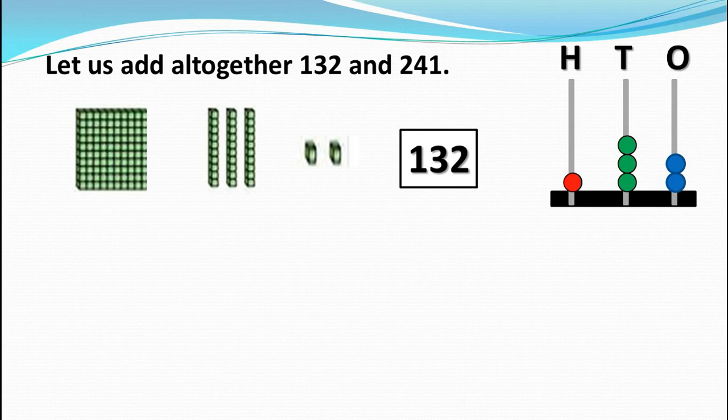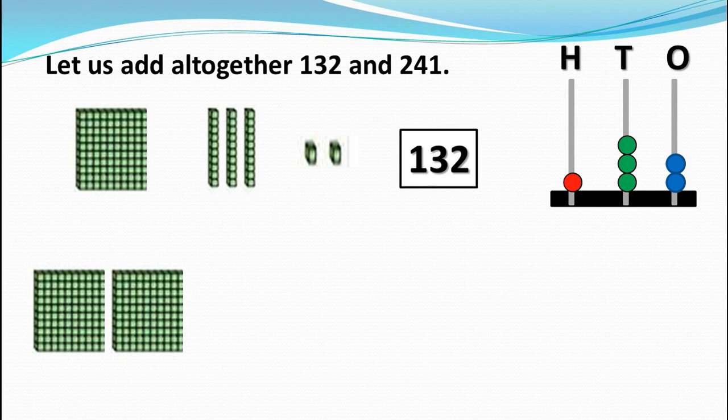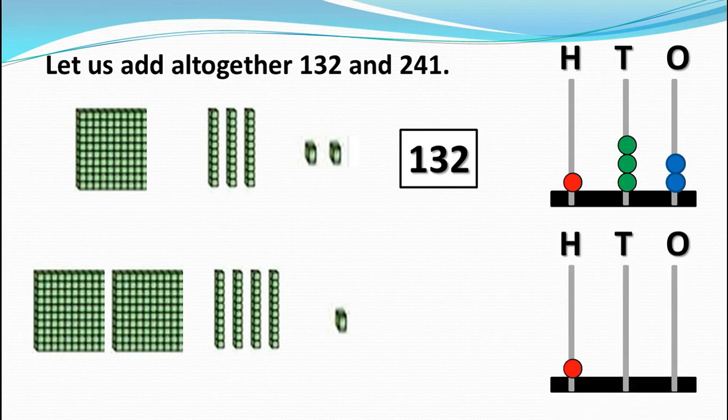Then we have 2 blocks of hundreds, 4 blocks of tens, and 1 block of ones. We have 2 blocks of hundreds, so on the abacus we will put 2 beads on the hundreds rod.